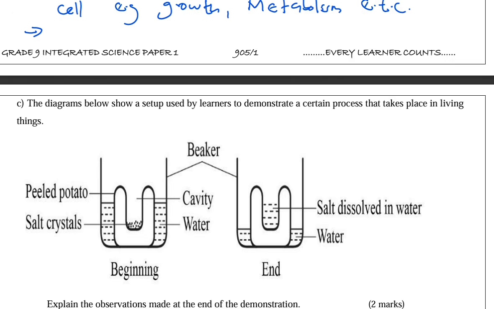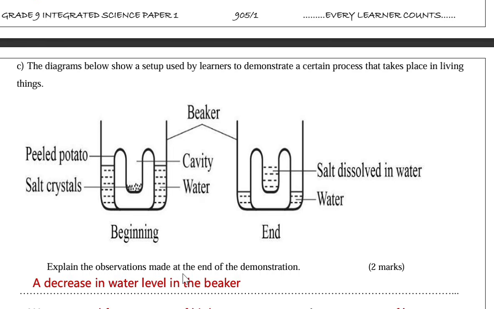So I know you can see the difference. Look at the water level. Initially the water level was high, but after some time, the level decreased. So that is the first observation. You can see a decrease in water level in the beaker. Get 1 mark. But the question is saying explain, so you have to explain why the water decreased in the beaker.